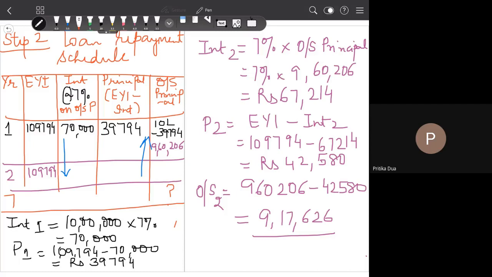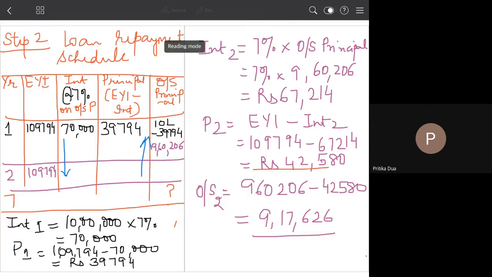So what we can do is we can tally the values for each year, which will help us see where the difference is coming. So just a second, I'll move to the next page. Okay, since you people have solved, just give me the outstanding principal.